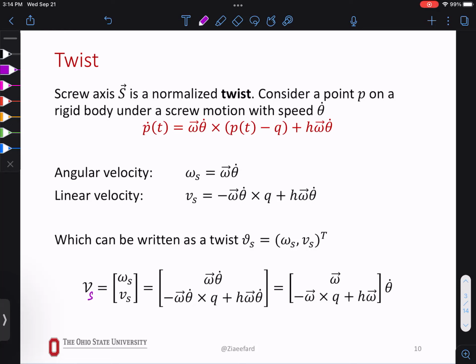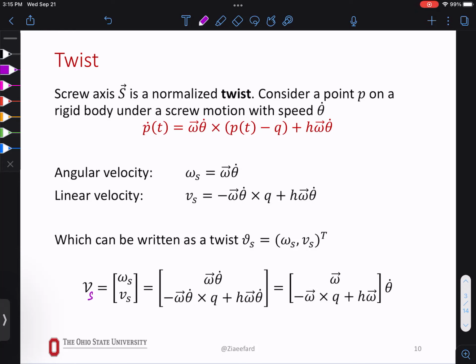Everything is with respect to the fixed frame, but they're all related and following the same directions. Now we can put this in a matrix form, and you see that theta dot can be taken out. So V s would be this matrix times theta dot, for this vector.